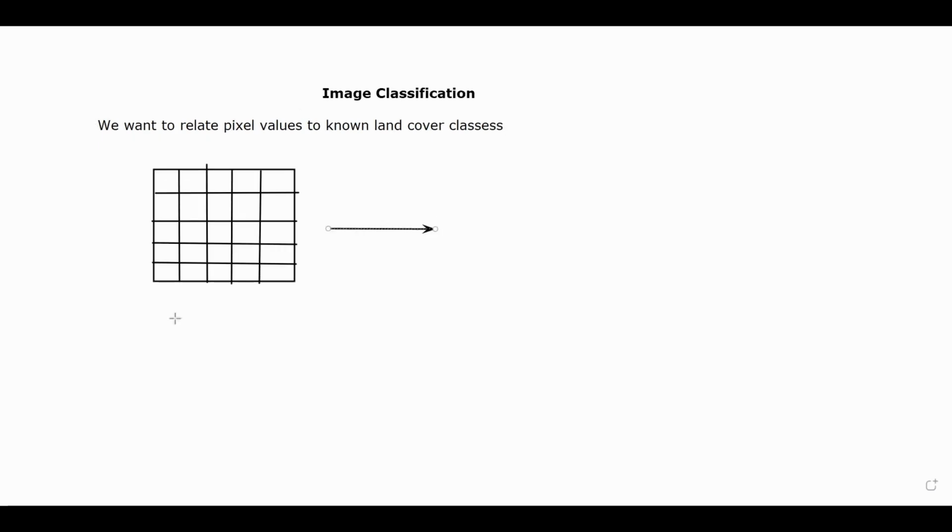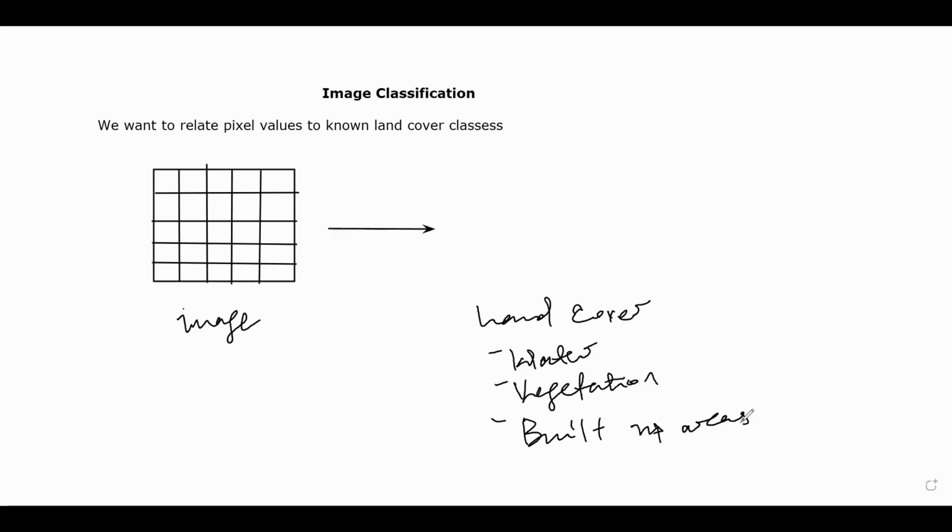So the idea is that you have your image, and we want to come up with a land cover map. Examples of land cover: we can have water, we can have vegetation, we can have built up areas. Now remember, we are talking about land cover. It's very hard many times to map land use, but from land cover, we can make inference.